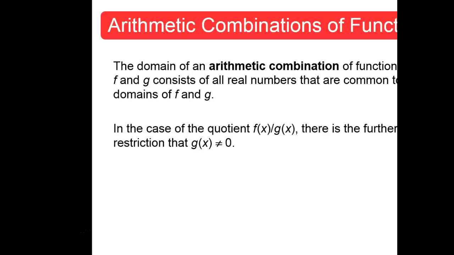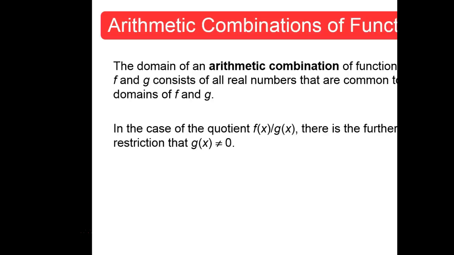When you add, subtract, or multiply, you're restricted to what's common to both, so let's say negative 1 to 4, whatever is common to both. You can't use these if it wasn't allowed in g, and you can't use those if it wasn't allowed in f. So you use what's common. If nothing's common, you can't do them.